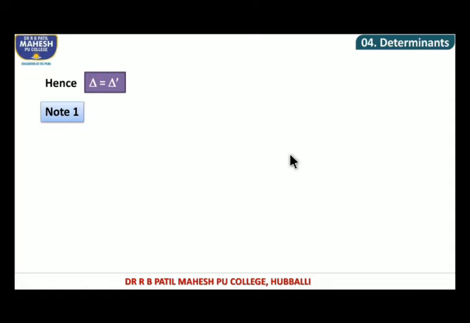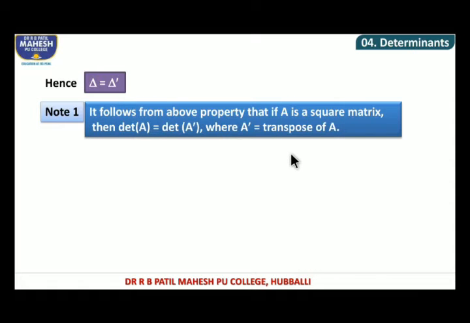So we will take one note point on this. It follows from the above property that if A is a square matrix, then determinant of A is equal to determinant of A dash, where A dash is the transpose of A. This is already proved by the first property. So keep remembering this, students.